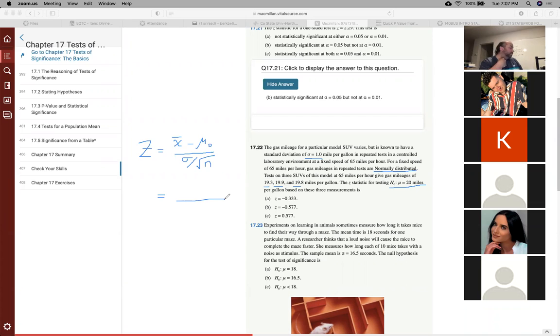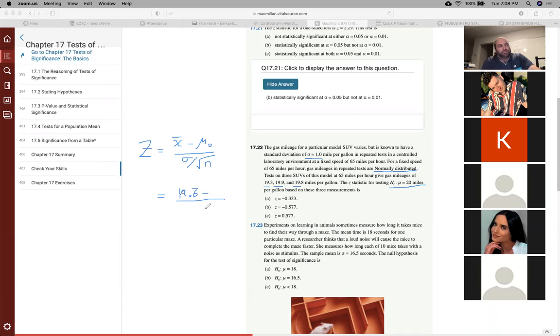Anyone? Add them up and then divide by 3, and then you get 19.7. Okay, well, I'm going to keep all my decimals because I don't want to round until the end of the problem. I'm just going to write 19.6 bar. Minus. Now we subtract the assumed mean under the assumption of the null hypothesis.